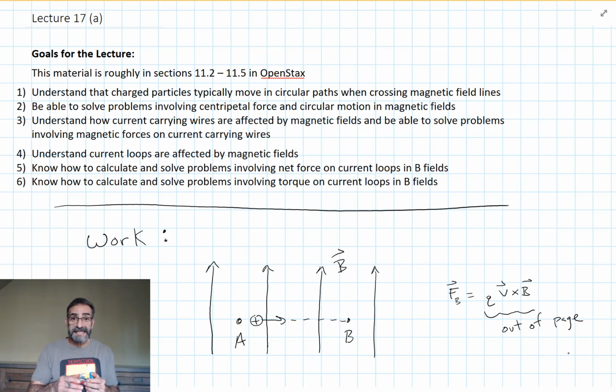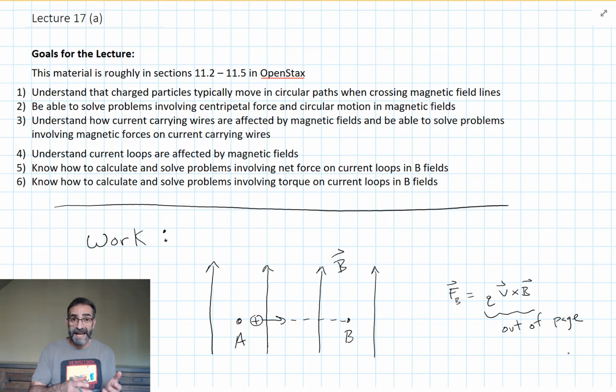If the force has some component along the direction of the velocity, either in the same direction or opposite the direction, then it can change the magnitude of the velocity. It can change the speed of the object. If the force has a component perpendicular to the direction of the velocity, it cannot change the speed.